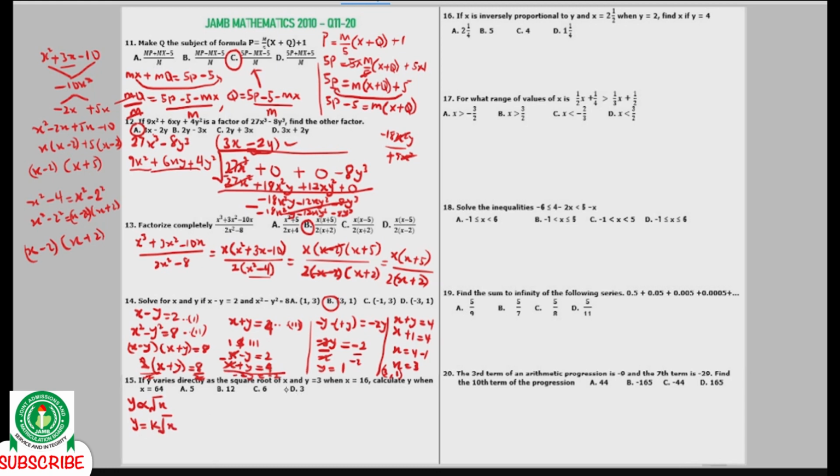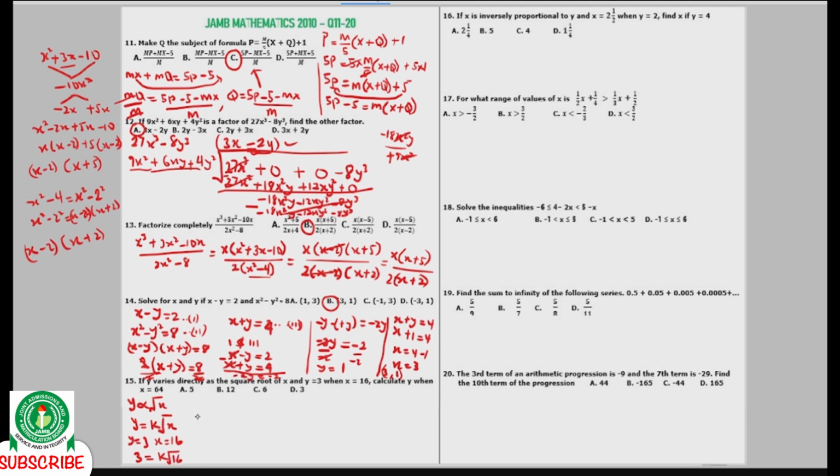Then it says y is equal to 3 when x equal to 16. Now, when you substitute these two values to obtain your k, we have 3 equal to k square root of 16.